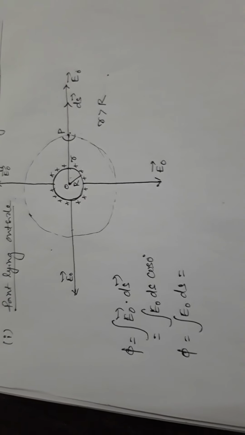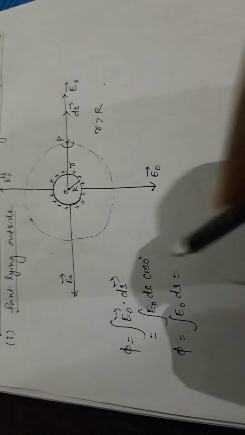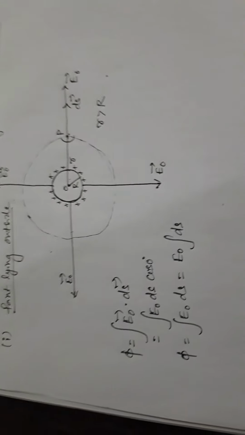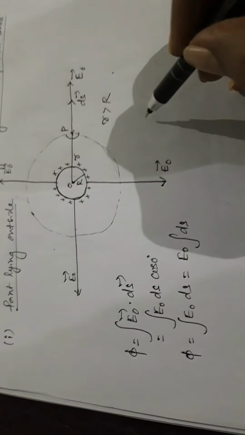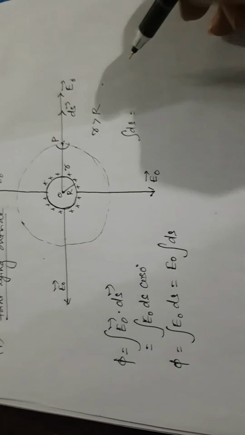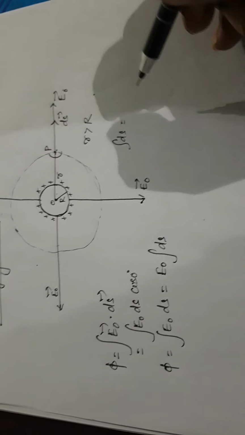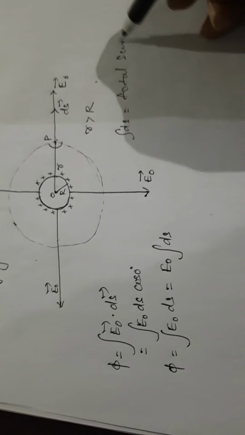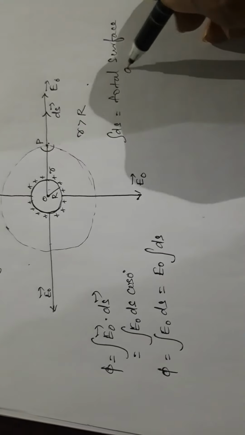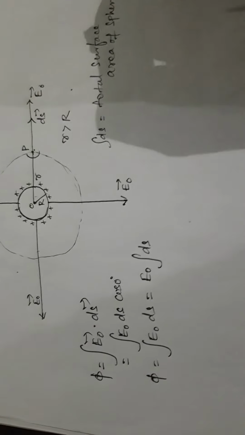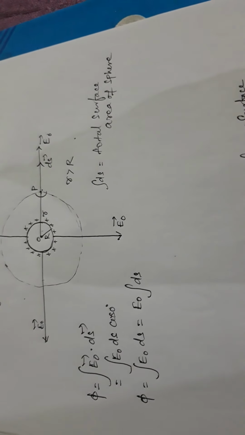Here you see, EO integration ds. And what is integration ds? It is the total surface area of the sphere.